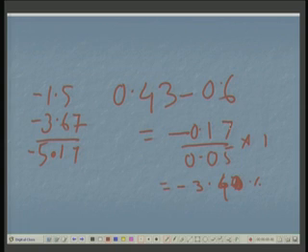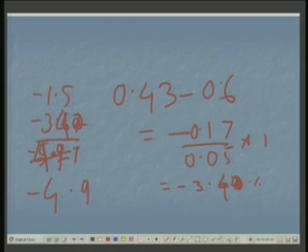Because 0.17 divided by 0.05 into 1 is 3.4, plus 1.5 will make it minus 4.9.